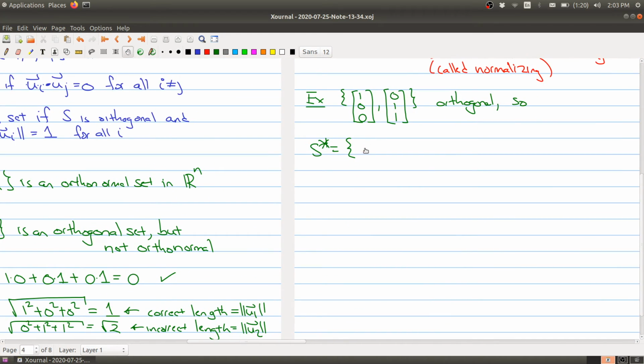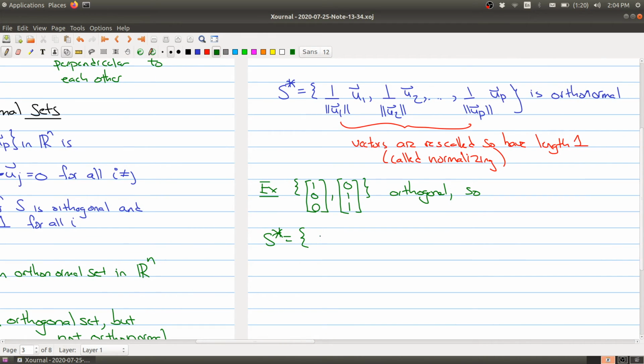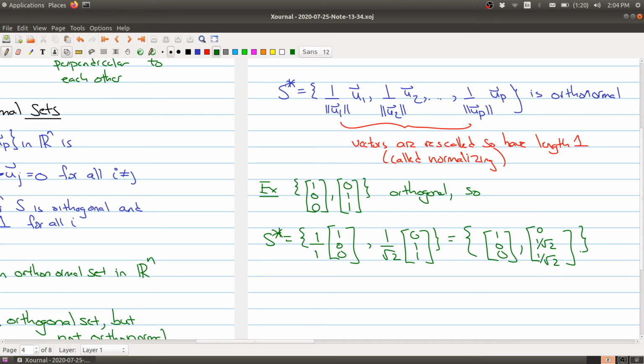So S star is 1 over 1 times the vector 1, 0, 0, and then 1 over root 2 times the vector 0, 1, 1. This becomes the vector 1, 0, 0, and the vector 0, 1 over root 2, 1 over root 2. And there we go. This is an orthonormal set.